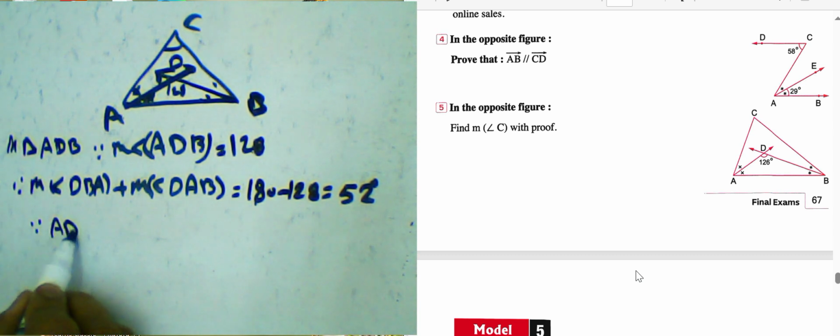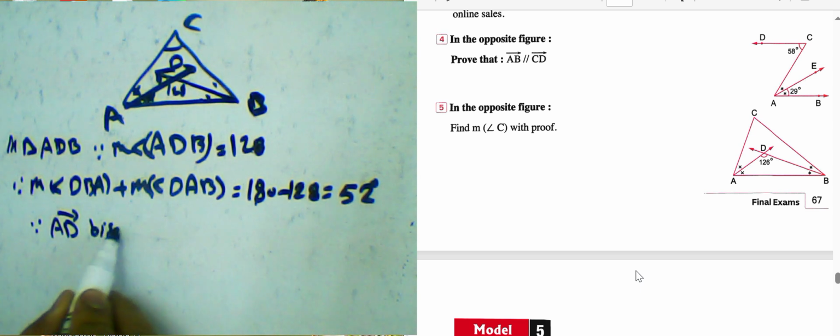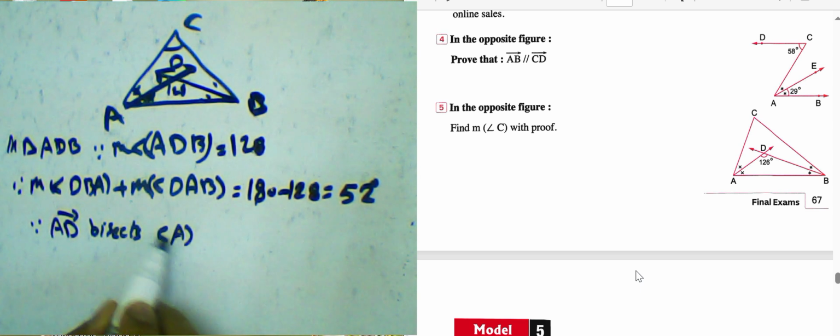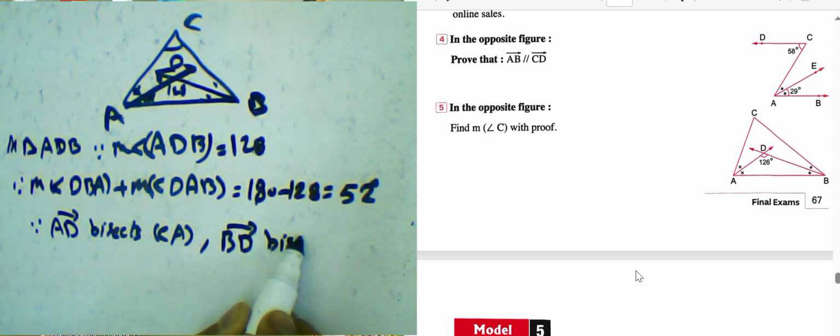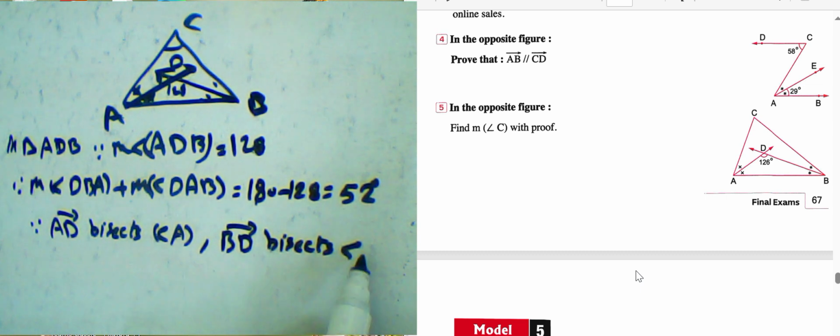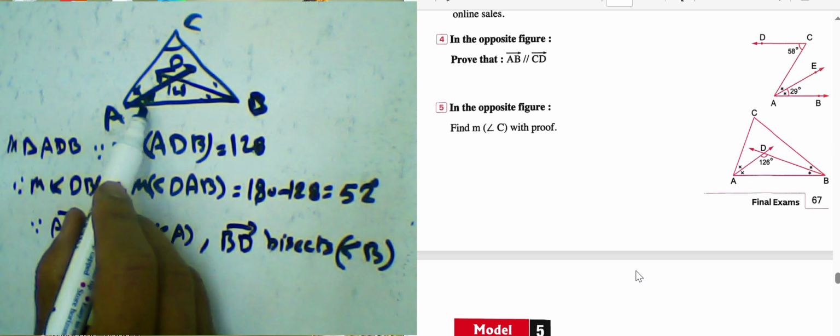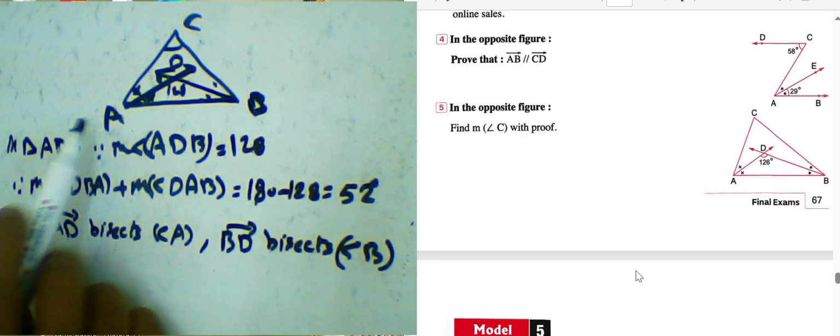So the sum of the two angles here will be 52 degrees. And then, since ED bisects angle A and the ray PD bisects angle P, we can write half of this angle plus half of this angle will be 52.